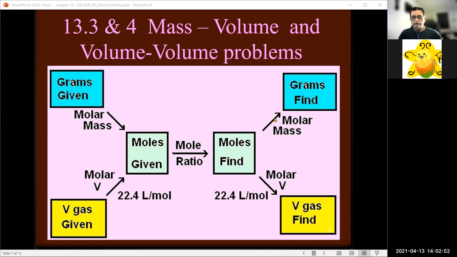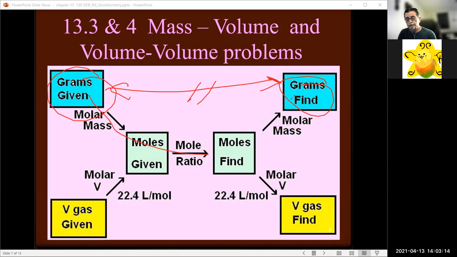But here's the thing with this flow chart. What we've been doing is we've been given grams of something, and we're looking for grams of something else. We cannot go directly like so, okay? Cannot do that. We have to travel through moles, okay?